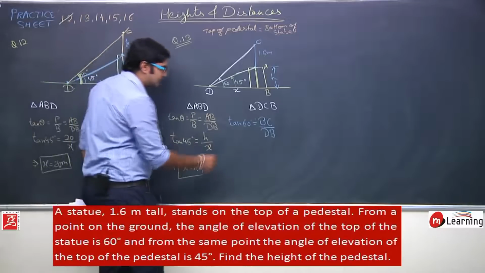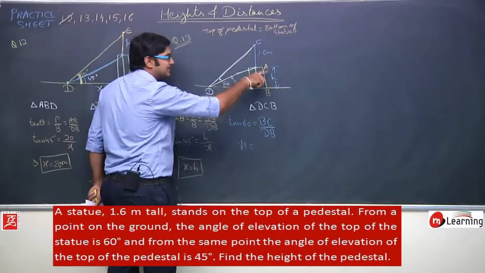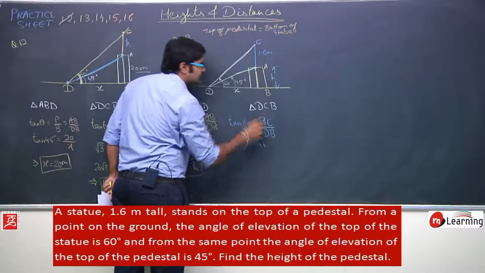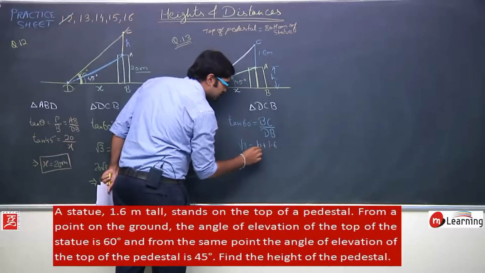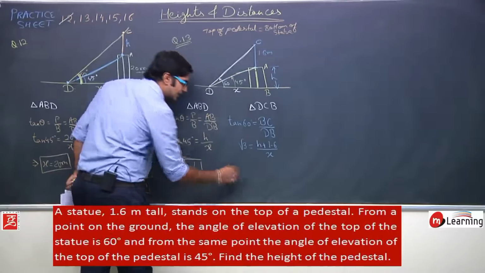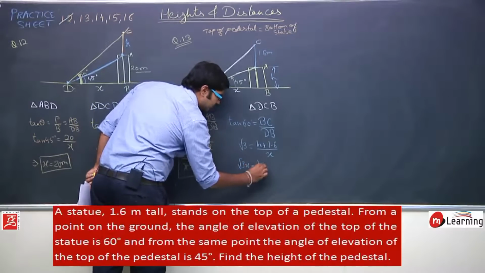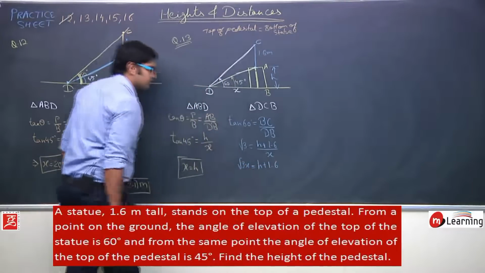Now tan 60 degrees is root 3, equal to what is BC? BC is h plus 1.6, upon what is DB? It is x. So I get root 3 x is equal to h plus 1.6.